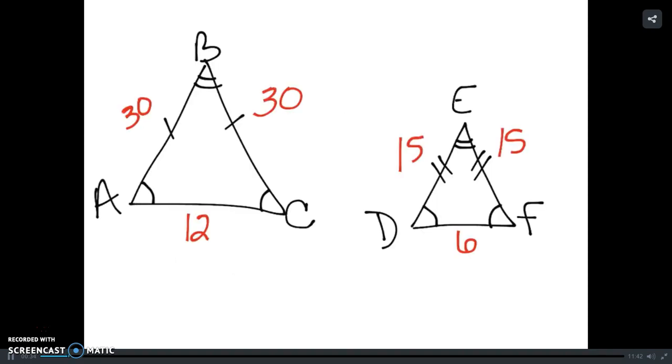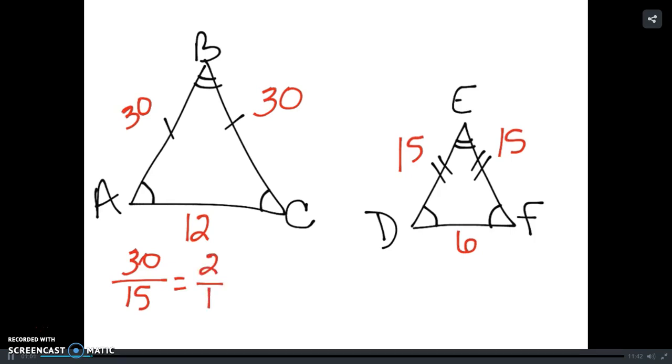So for example, we said before, if we wanted to know if these two triangles are similar or not, we could write a ratio of two sides and test that for each of the two corresponding sides on these triangles. So we would end up with AB over DE is 30 over 15, and when we reduce that, we would get 2 over 1.